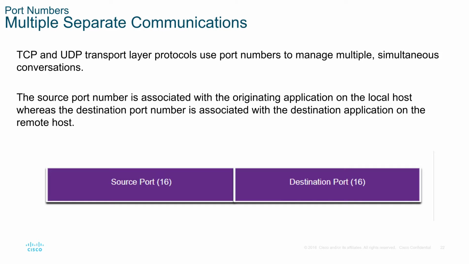So we can tell the receiving system what we want to do, such as port 80 for web traffic. The source port may normally be a dynamic port greater than 48,000.